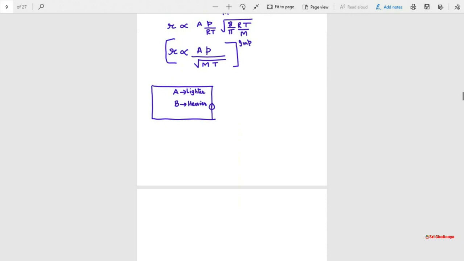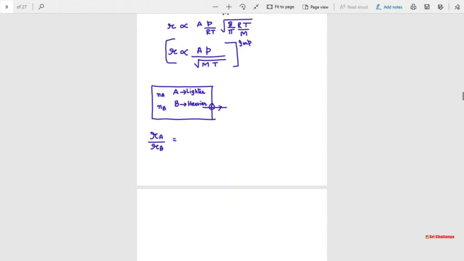In this container, the number of moles of gas A will be Na, and the number of moles of gas B will be Nb. So what is the rate of diffusion of gas A with respect to gas B? There is a gaseous mixture, and on opening the hole, the gas will come out. We want to know the rate of diffusion of gas A with respect to B. Here the cross sectional area will be the same for both gases, so this common factor will cancel out.